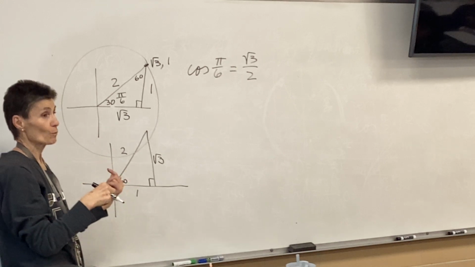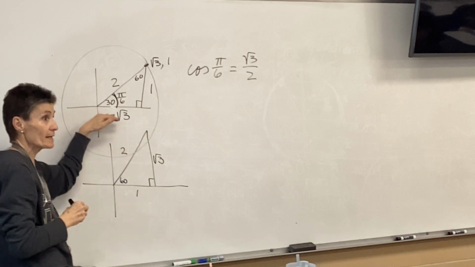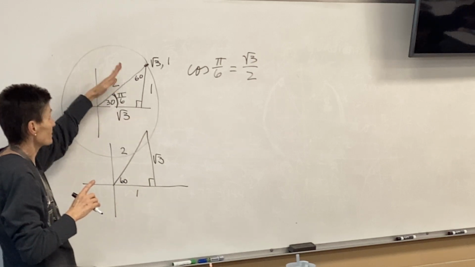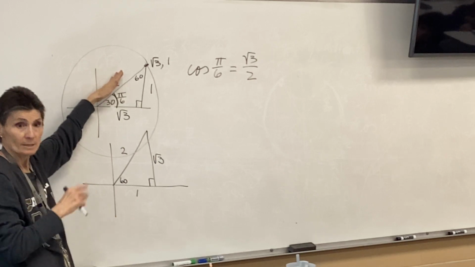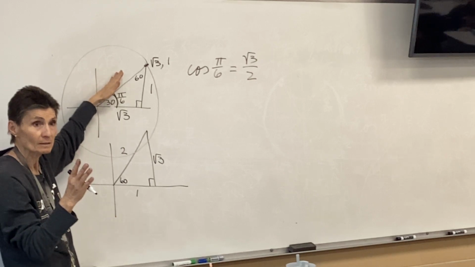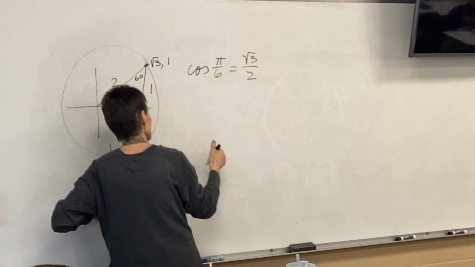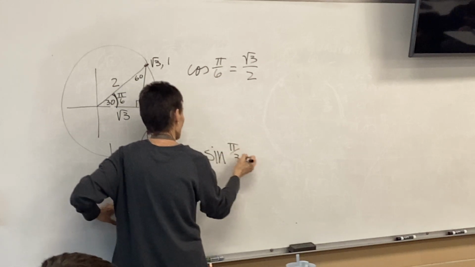Or, if you'd rather, you can use SOHCAHTOA. If this is the angle I'm looking at, which it always will be at the origin, adjacent over hypotenuse, root 3 over 2. See how easy that is? Now, let's say that we want to find the sine of pi over 3.